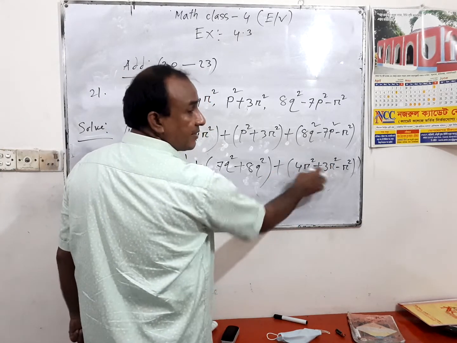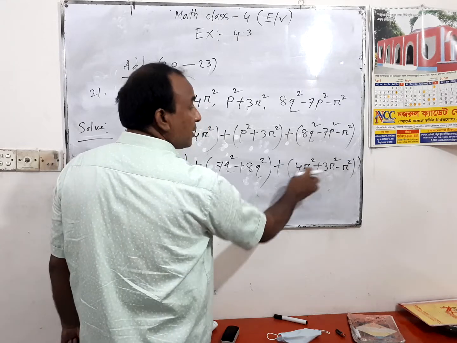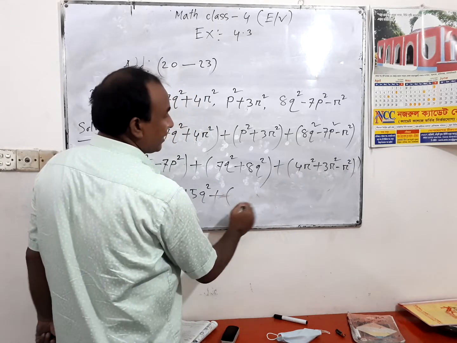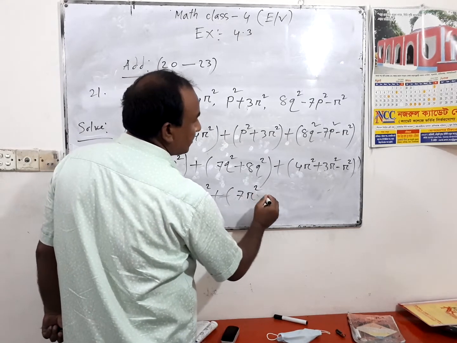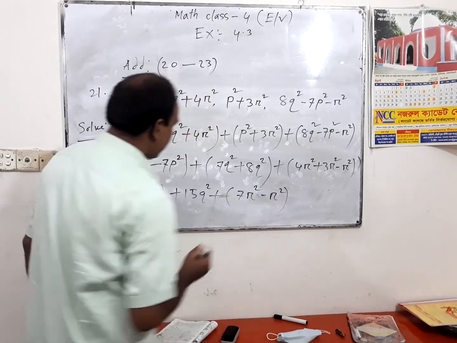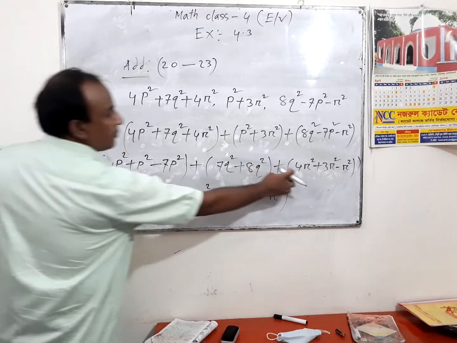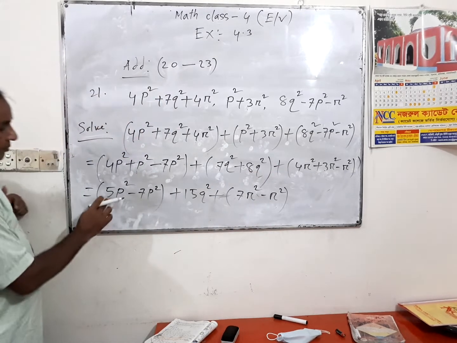There are 2 plus signs, so firstly we add them: 4 and 3 make 7r square, minus r square.